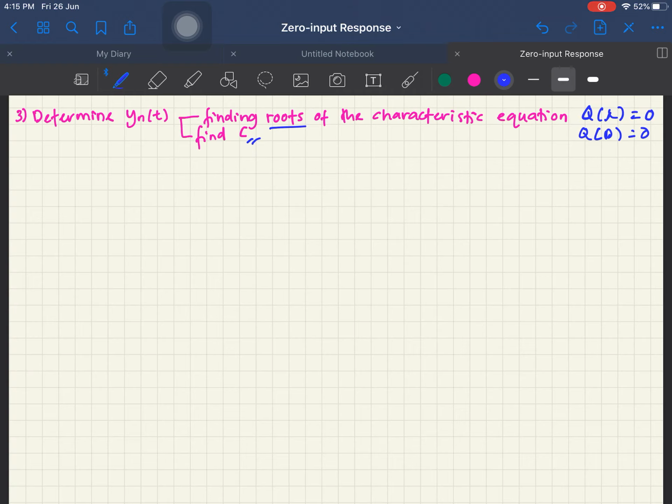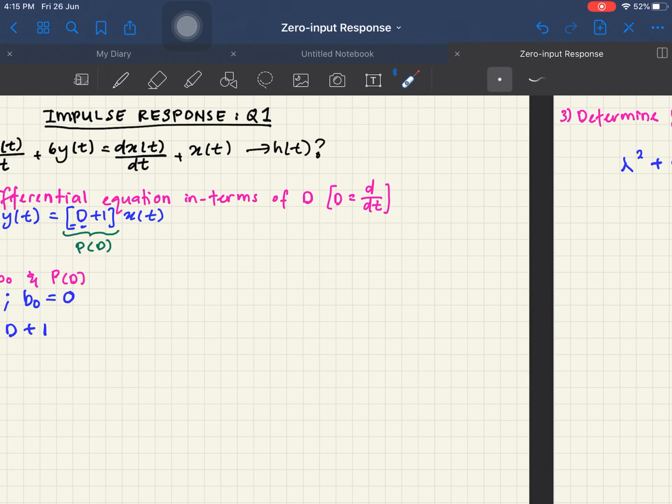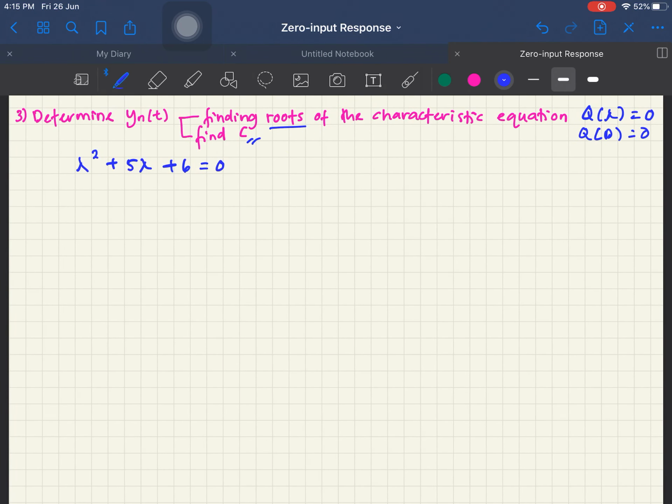Our characteristic equation is lambda squared plus 5 lambda plus 6 equals 0, so lambda plus 3 times lambda plus 2 equals 0, giving lambda 1 equals minus 3 and lambda 2 equals minus 2.